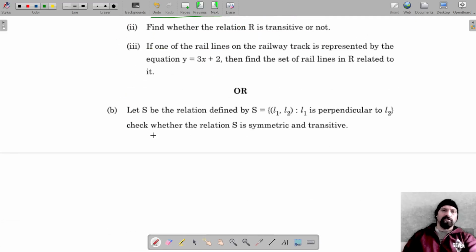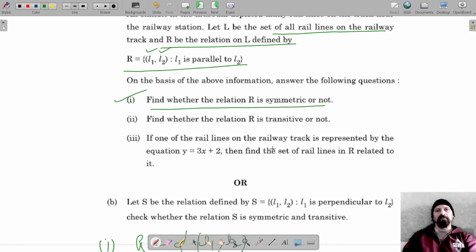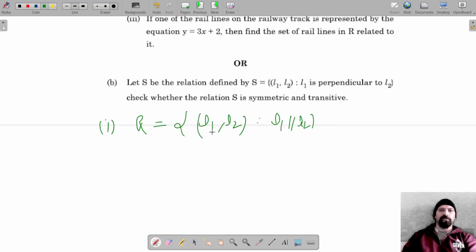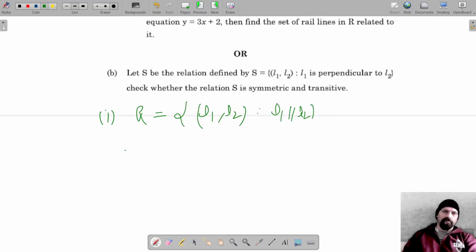Okay, so our relation is R. Two rail lines L1 and L2 are in relation when L1 is parallel to L2, and we have to check whether it's symmetric or not. Let's say (L1, L2) belongs to the relation. That means L1 is parallel to L2.